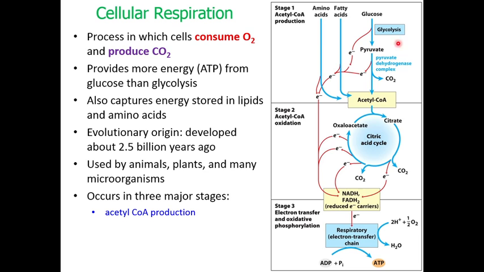The first stage is production of acetyl-CoA from pyruvate. The second stage is the oxidation of acetyl-CoA. And the final stage, which we will talk about in Chapter 19, is electron transfer and oxidative phosphorylation.